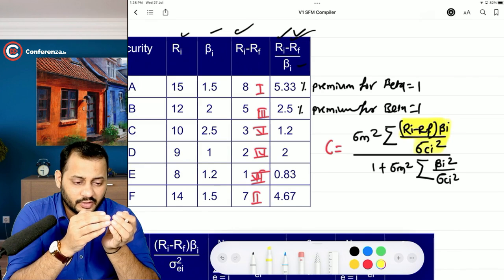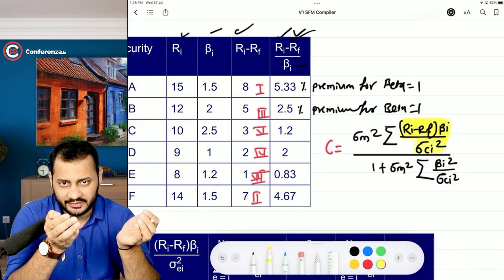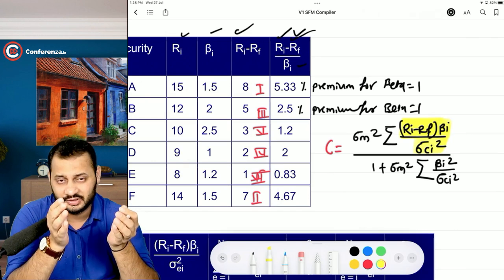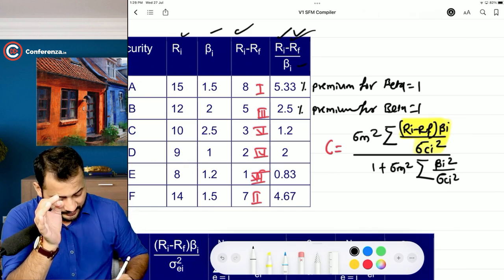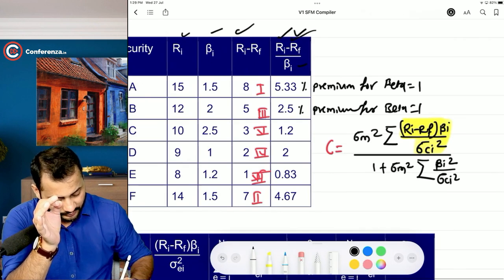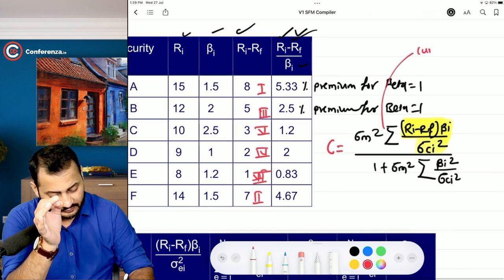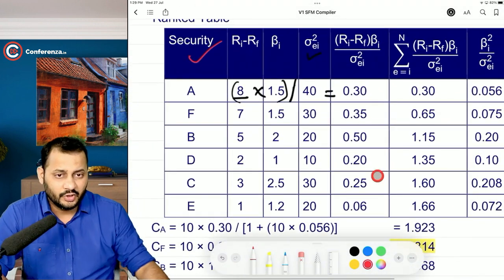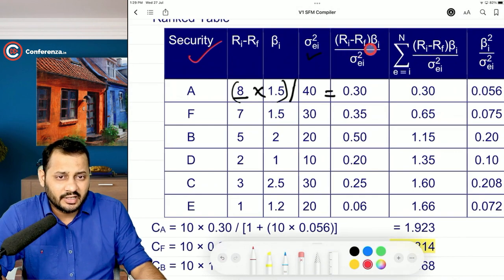Now just come a step outside. So now the symbol is summation. This summation does not mean the total of all, it means the cumulative at every step. Cumulative at every step. So what does that mean? See, you have calculated Ri minus Rf into beta I divided by standard deviation of Ei square.